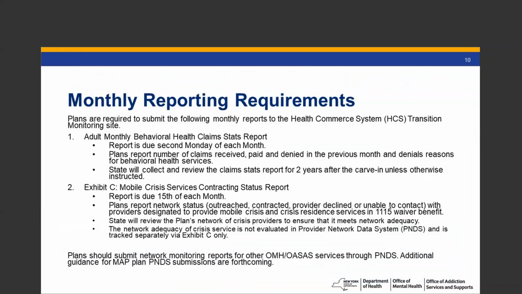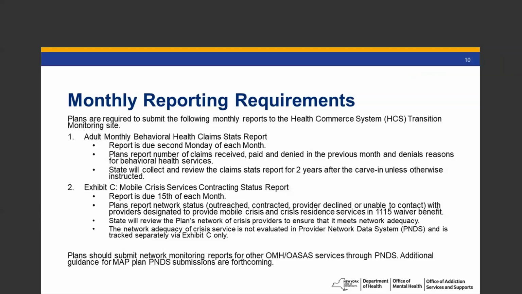So plans will be submitting the following 2 monthly reports to the Health Commerce System, aka HCS, which is also the site we use to collect all kinds of reports from mainstream, HARP, and HIV SNP. So the first report we're going to go through is the monthly claim staff report for behavioral health.